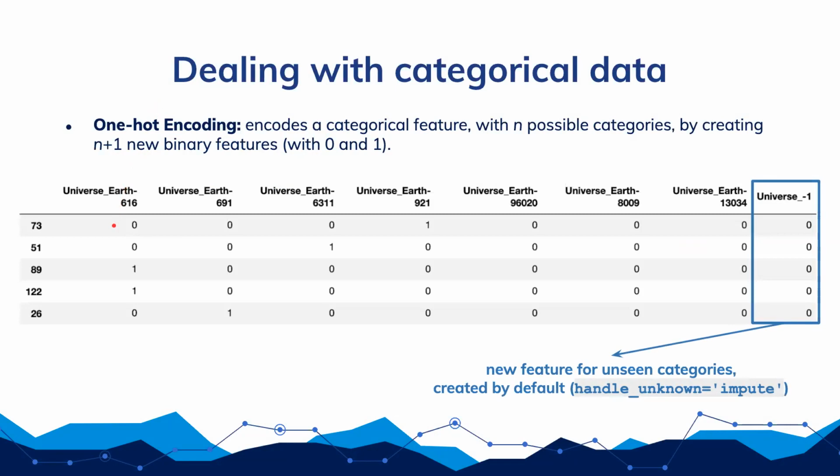For each of these possible universes, we just create a new field, a Boolean field, so 0 or 1. So in this case, if for this instance of the data frame, the universe was the 616, this would be 1, otherwise it's 0. So in this case, these 2 instances have this universe, or this one has this, so on and so forth. Is that clear?